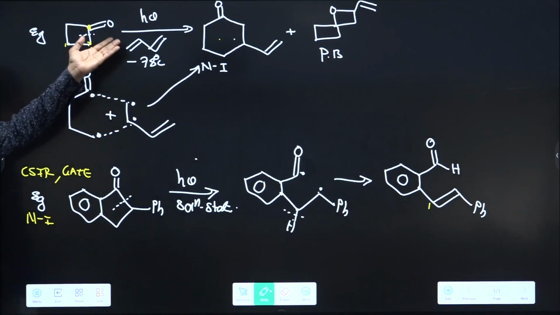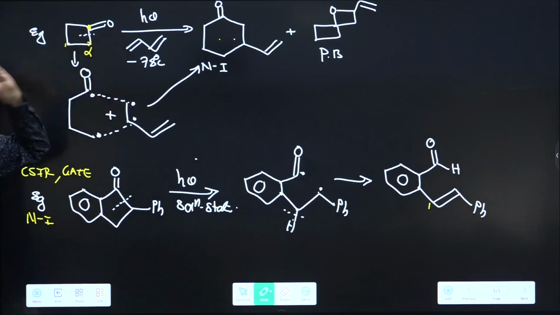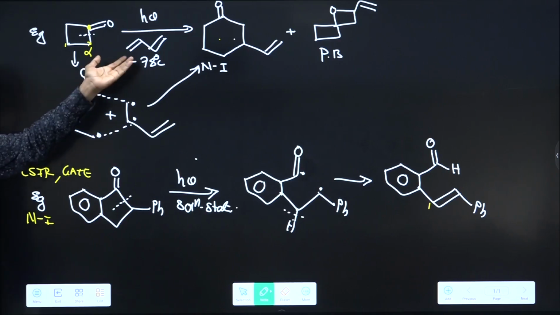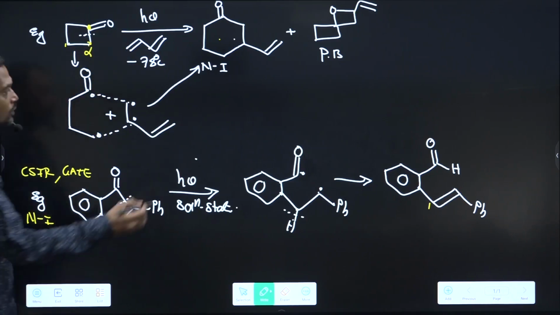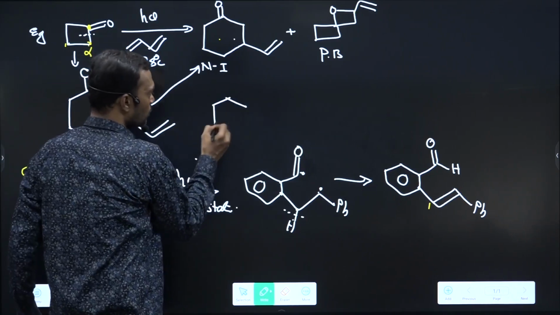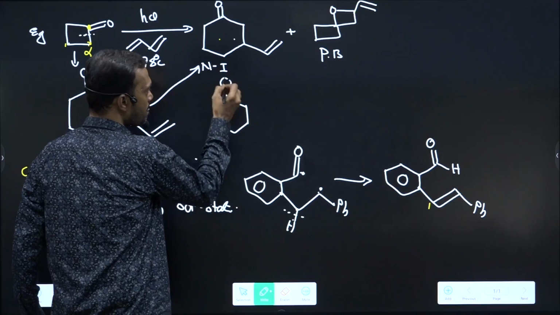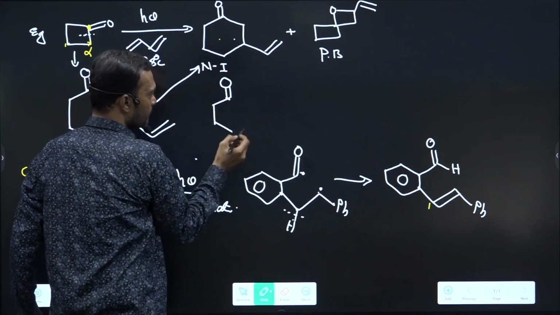Why not above? What is the Paterno-Buchi reaction pattern? Yesterday I explained, no? In the last class, the Paterno-Buchi applications were all given. So why not above, you are asking? This is a radical.